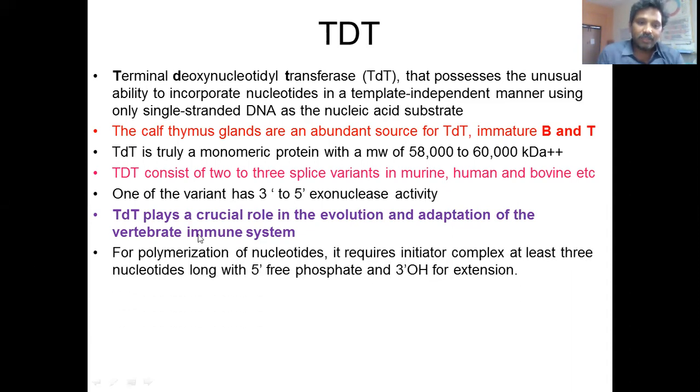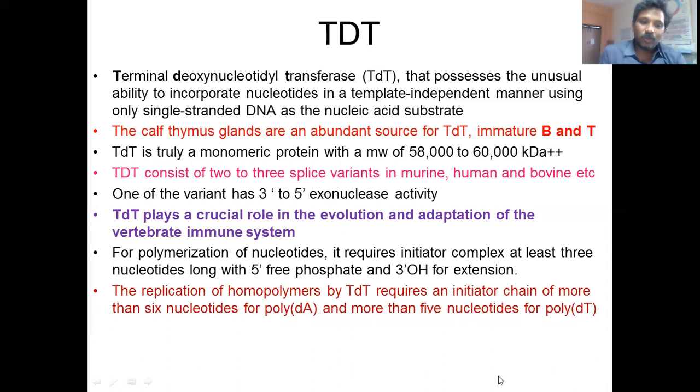The same thing I'm repeating. For polymerization of nucleotides, it requires an initiator complex of at least 3 nucleotides, with a free 5' phosphate and a 3' OH for extension.